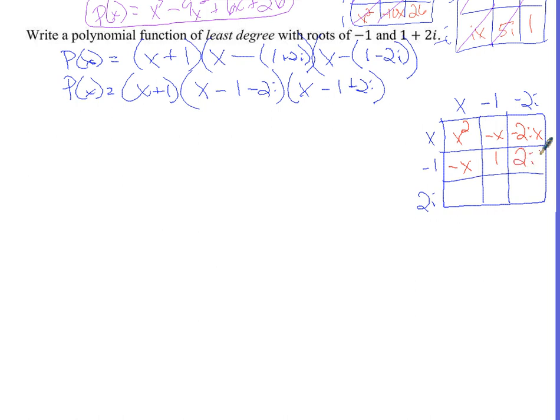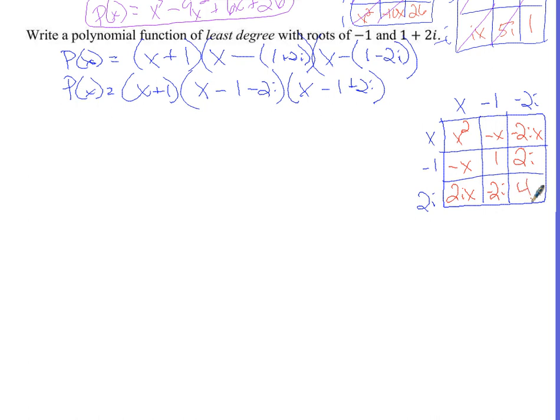And the bottom row. 2ix. Negative 2i. No, we're multiplying, so it's negative 2 times 2, which is negative 4i squared. But i squared is negative 1, so we have negative 4 times negative 1, which is positive 4.